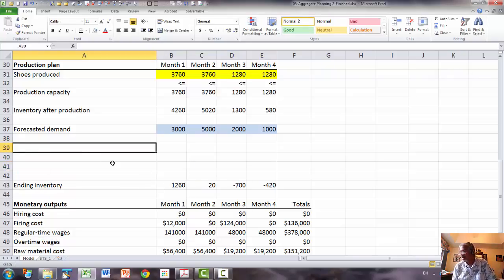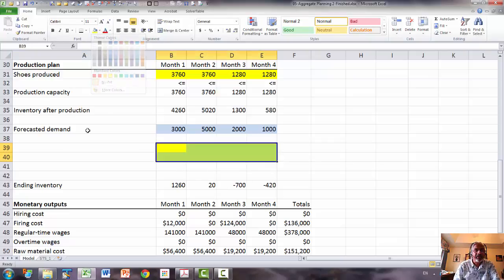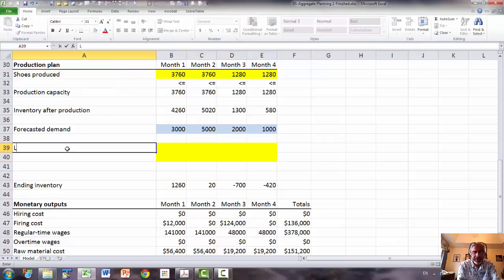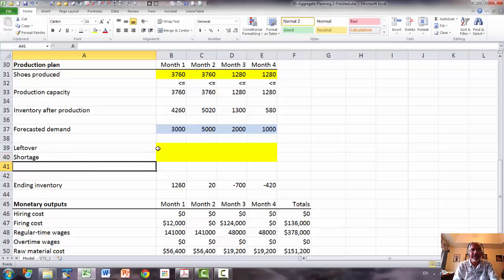Now this is a trick that we're going to play. We'll set up leftover and shortage, and we will let Excel Solver figure out what those values will be. So they'll all be positive now.